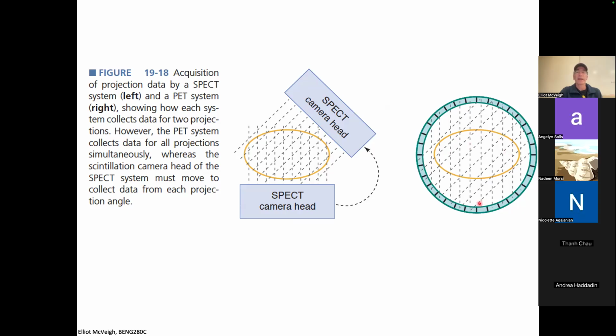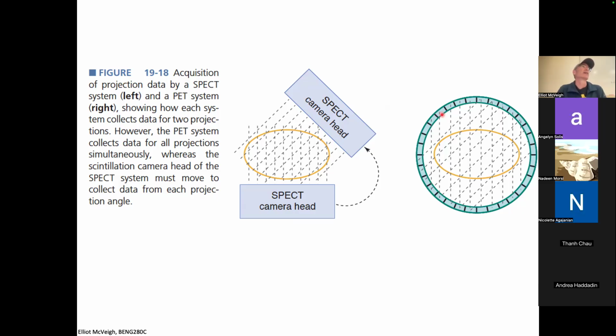Whereas in PET, we don't rotate a detector. We just have a fixed detector. It's sitting in that position. Because here we had to have septa that were parallel to this detector. Here, we can have septa in the Z direction, but you can also just have 3D such that these things are continuously collecting data.